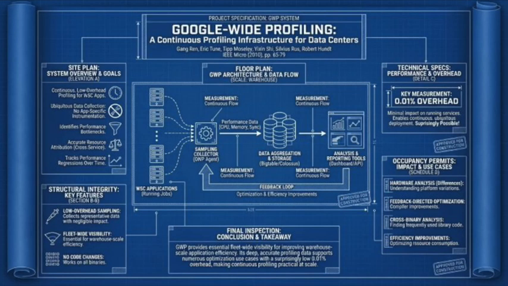But the second, and I'd argue the architecturally defining constraint, is what you mentioned earlier, the overhead constraint. This is the rule that shapes everything else. It really is. Application owners who are running these critical latency-sensitive services have incredibly strict limits. They will not tolerate latency degradations of more than a few percent, if that. So if a profiling tool is even perceived as intrusive, it's dead on arrival.